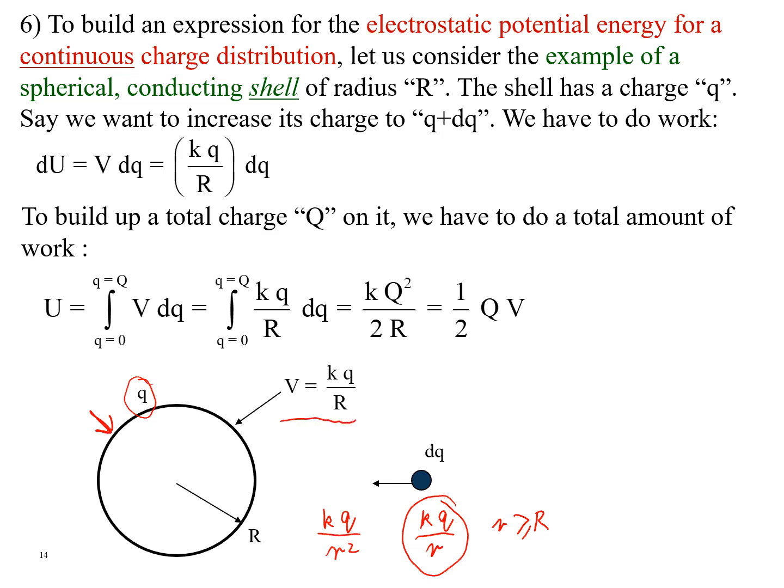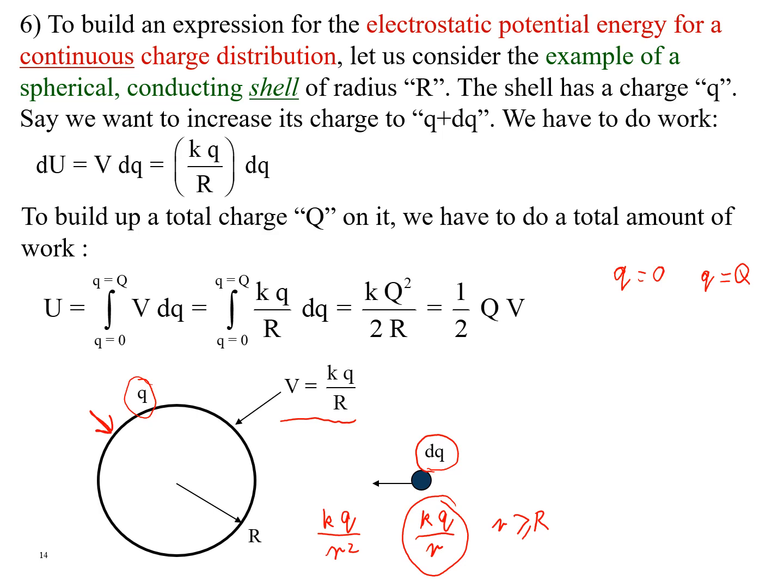Now, imagine that we want to build up the charge on this sphere. We want q to go all the way from q equal to 0 to q equal to big Q. We can do it by taking infinitesimal pieces of charge, dq, from infinity and bringing them close to the surface of this shell of charge and sticking them to the shell itself.